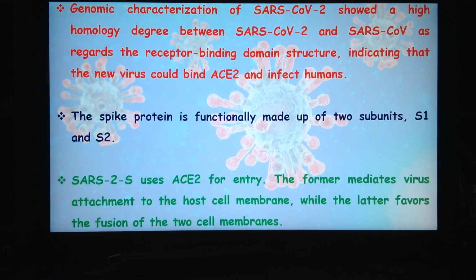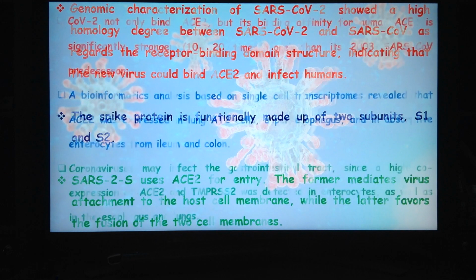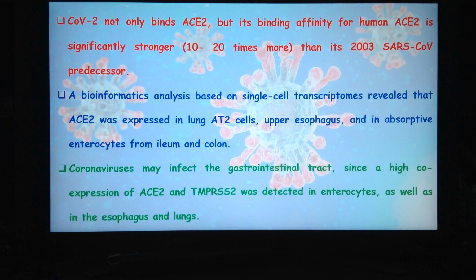Genomic characterization showed a high degree of homology between SARS-CoV-2 and SARS-CoV, and the spike protein, which is made up of S1 and S2 subunits, interacts with ACE2, but the interaction is 10 to 20 times stronger than its other counterparts which were previously known to infect humans.